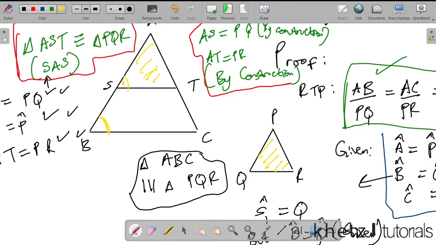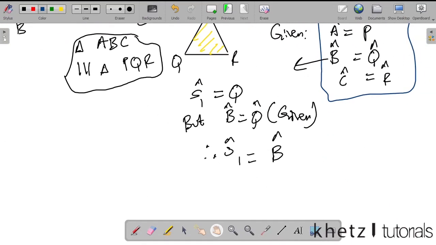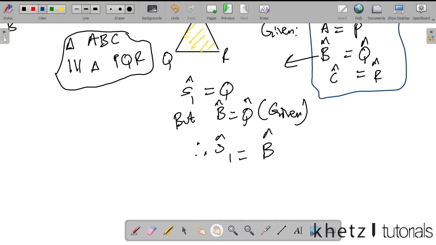we can conclude that ST is parallel to BC because we have corresponding angles. So you now say that therefore ST is parallel to BC.